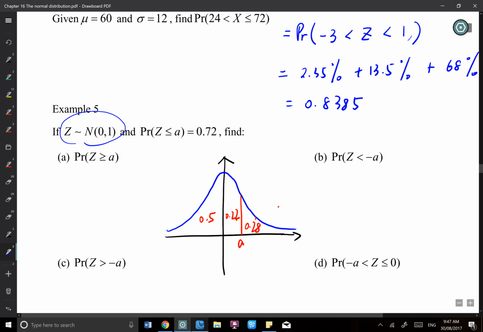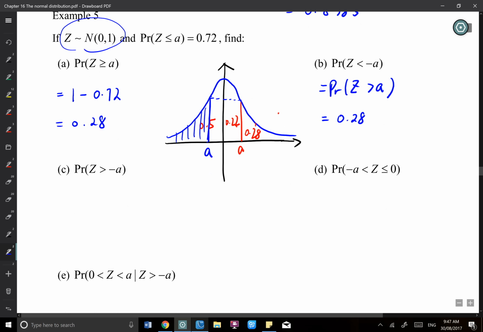And I say greater than a. Greater than a is 1 minus less than a, that's 0.28. Less than negative a: negative a is a symmetrical point, so it must be this point here, equivalent to z greater than a, which equals 0.28.